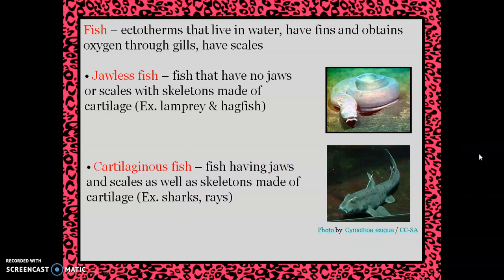Let's look at fish. Fish, again, are ectothermic. They live in water. Their temperature is determined by the water temperature they live in. If you've ever had fish, you know this. When you clean out the tank and replace the water, what is it that you always have to make sure you do? That's right.